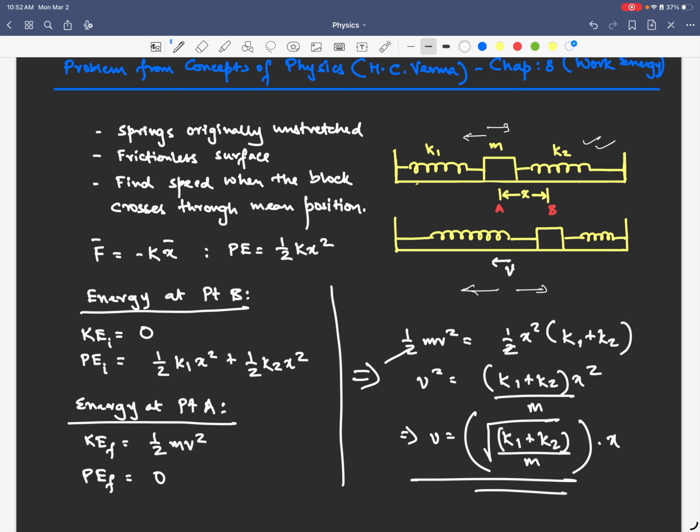So we could just see that this final speed depends on all the terms k1, k2, m, and the displacement it was given.